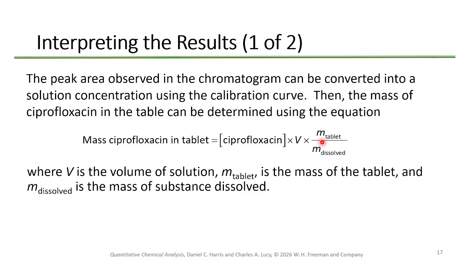And that's all that is. And so you have the mass of the tablet, mass of the dissolved stuff, volume, and the concentration of your ciprofloxacin you got from that analyte curve. And that will give you the mass of ciprofloxacin that's in the tablet. Notice we've done the conversion to scale it up to the tablet mass because we only took a part of that, right? Anybody have any questions about that one?